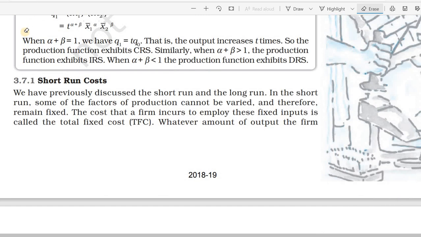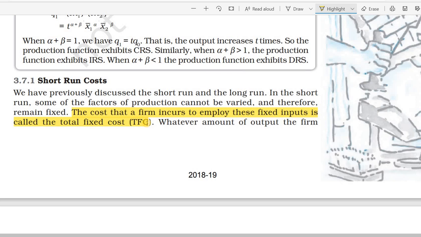Now we can study short run cost. The cost that a firm incurs to employ fixed inputs is called total fixed cost. Means for a firm, they need some fixed inputs, like machines or land, buildings.